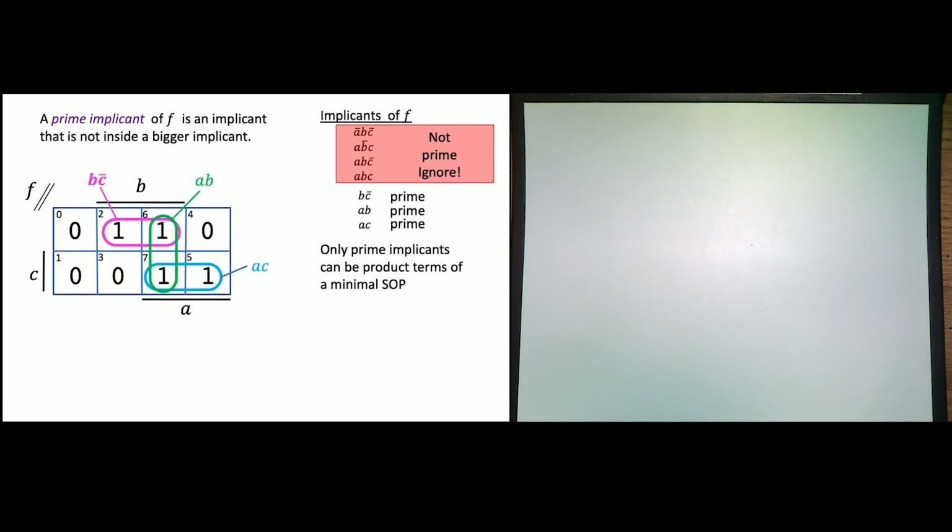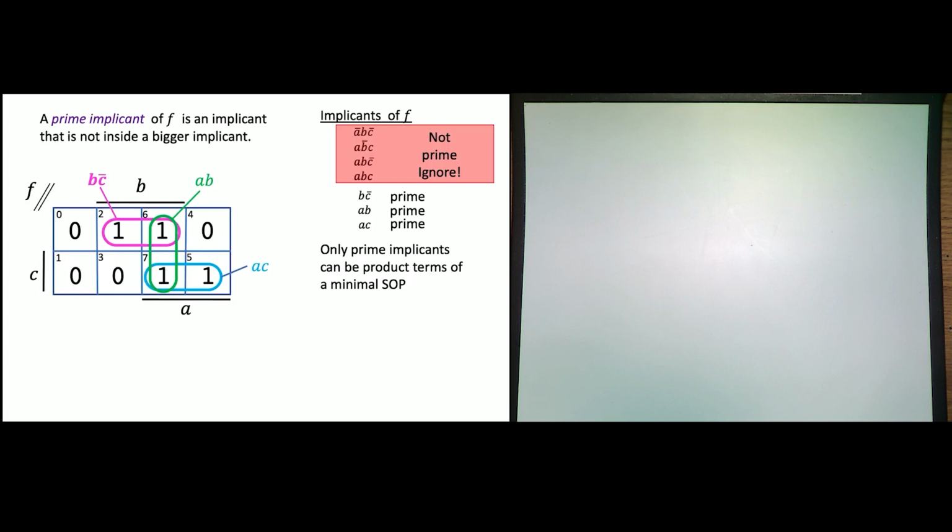As these rectangles get bigger, their product terms get smaller in terms of number of literals. Each one of the minterms had 3 literals, and each one of these prime ones has only 2. So there's never a case where you would use a non-prime. You would not get a minimal expression. You could always replace it by the prime implicant it's in.